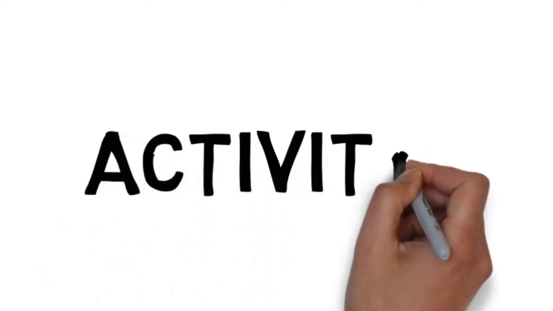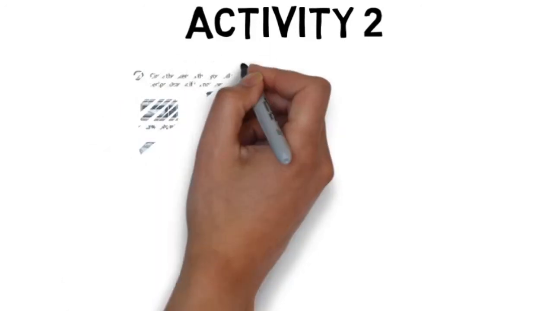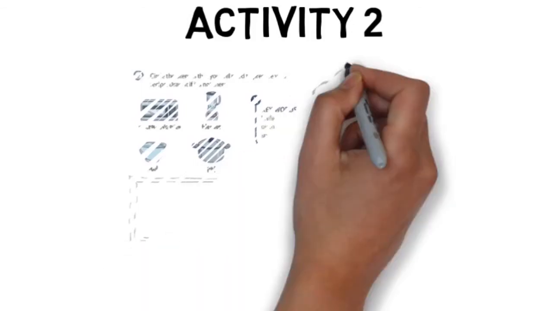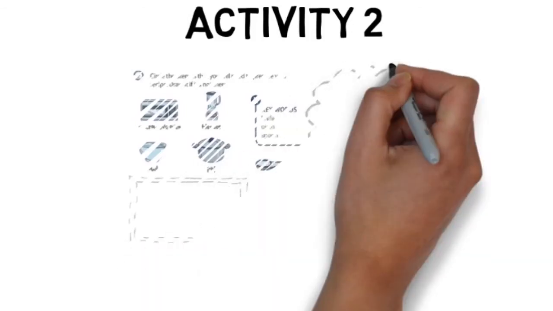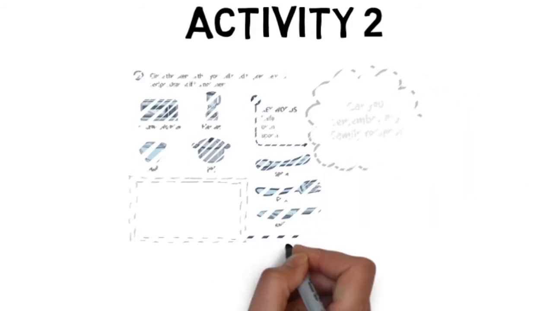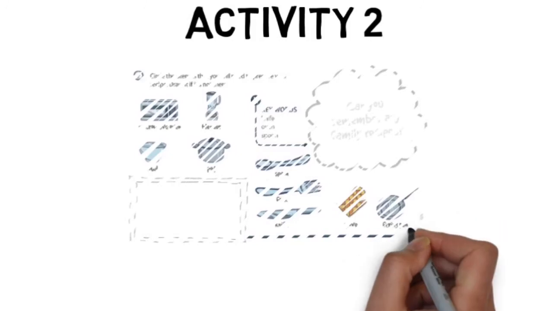After, we have the activity number 2. Here, you need to circle the utensils that you will need to prepare your recipe. If you cannot see one utensil that you need, draw it. And you have the rectangle to do it.